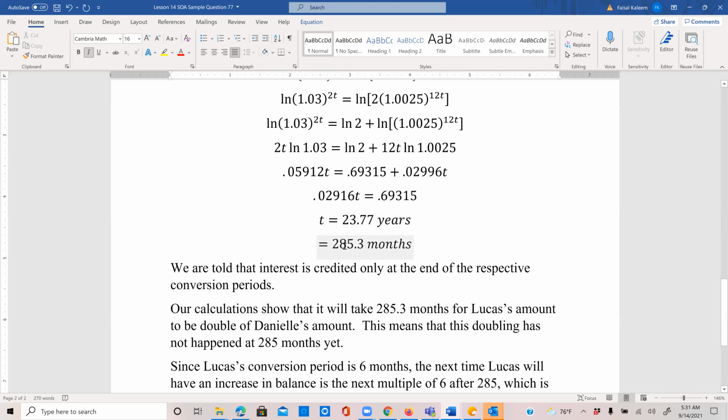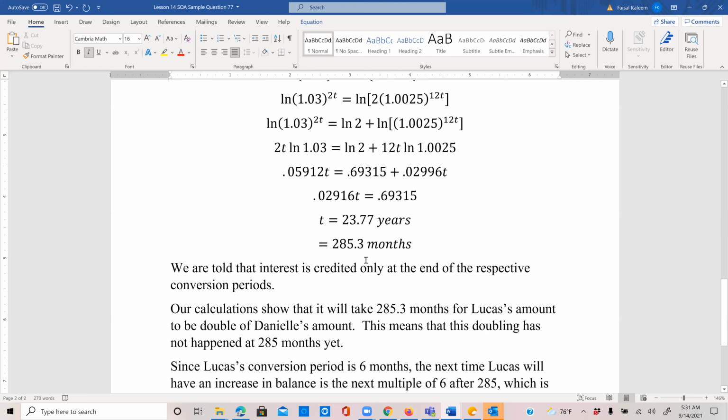Any time after 285.3 months when Lucas gains a new balance, because the balance is changed only at the end of the 6 months, he'll be more than double Danielle's, but not before that. The next multiple of 6 after 285.3 months is 288 months.